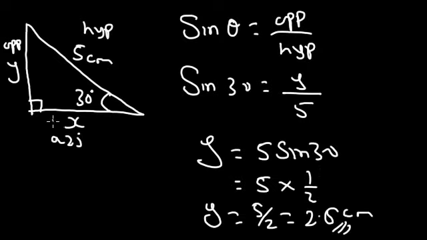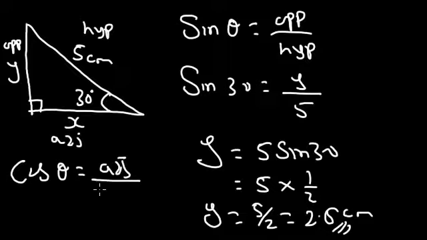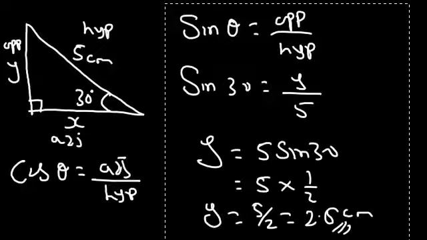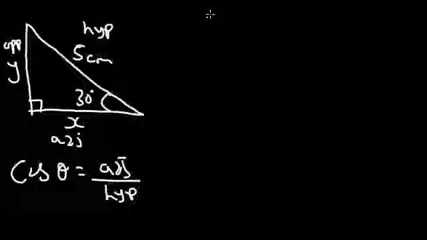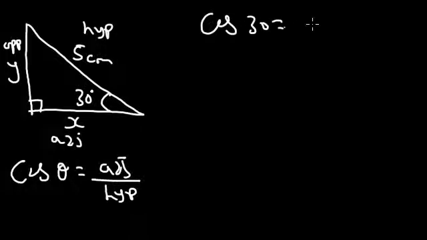Now, what about the adjacent? What function do you think will help us out? Well, since we know that the cosine of the angle theta is equal to the adjacent divided by the hypotenuse, and the cosine function has all the criteria, we are good to use it. So therefore, cosine of 30 equals the adjacent x divided by hypotenuse 5.